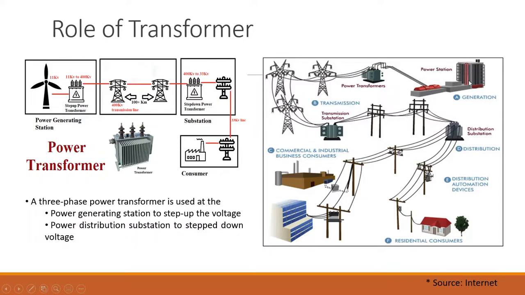So this is a pictorial view from where you could understand whether it is a single phase transformer or three-phase transformer, it is going to be utilized at power generating station and distribution substation. Mostly the transformer is three-phase transformer, which is used at generating as well as distribution substation.